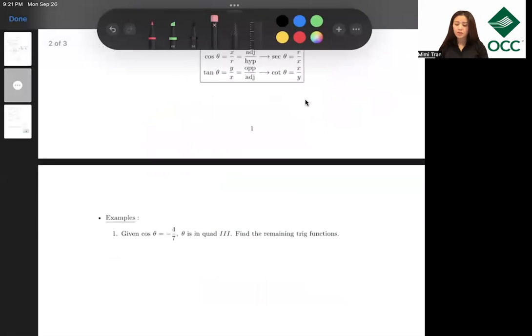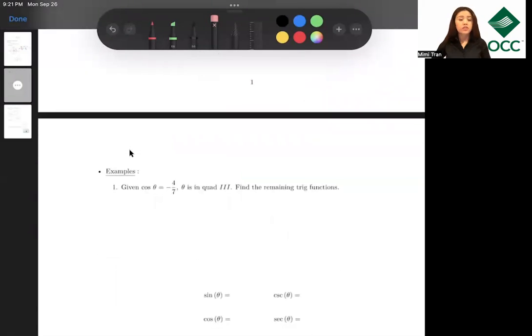Okay, so let's jump into some examples. I have cosine theta equal to -4/7, and it says that theta is in quadrant 3. So let's check if our problem makes sense.